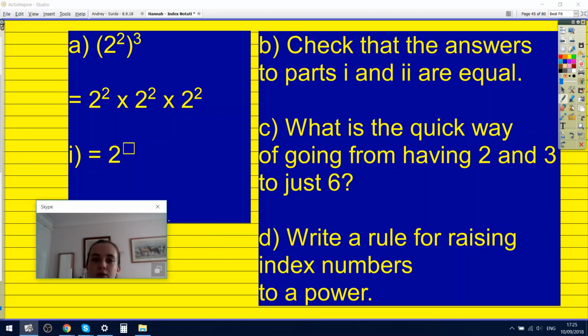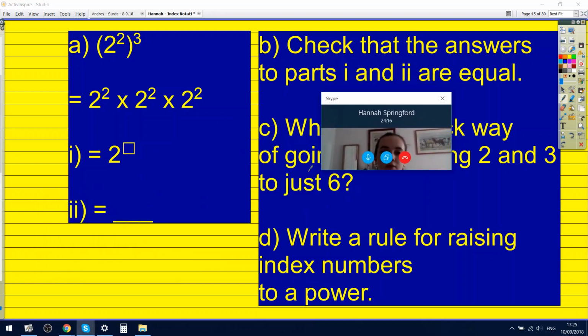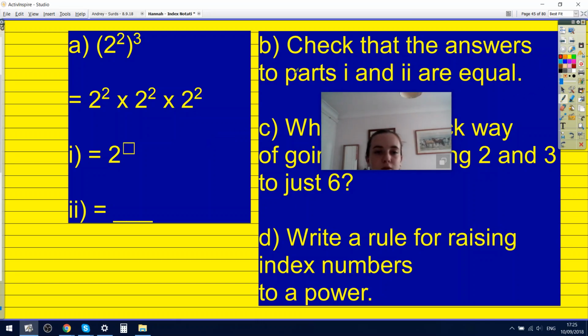So this one on the left, what would this be? So 2 to the 6. Yeah. And what is the quick way of going from having 2 and 3 to just 6? Times the indices. Yeah.